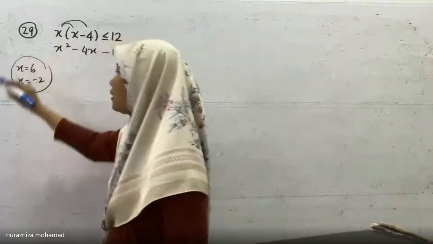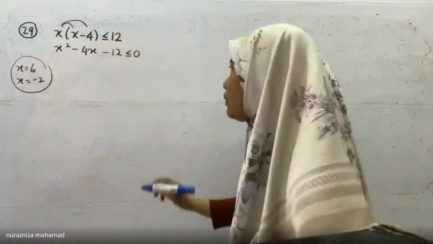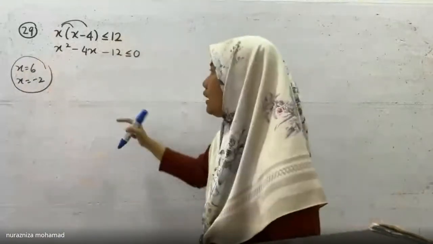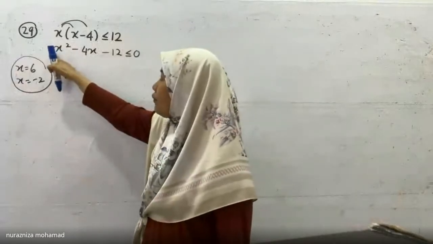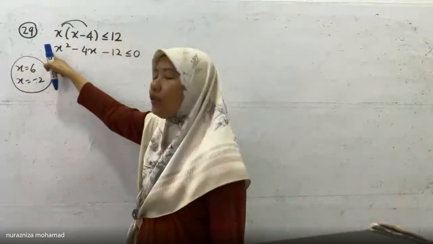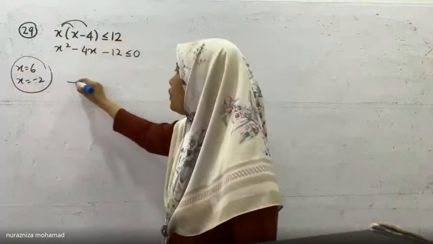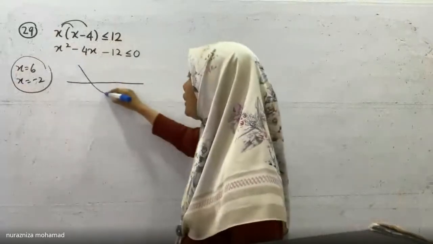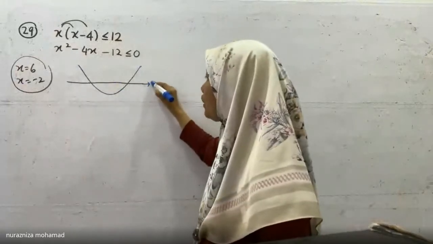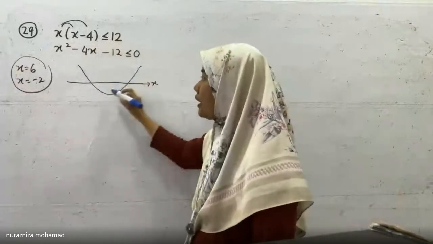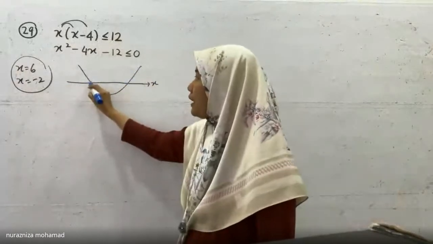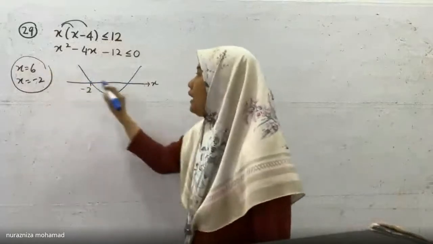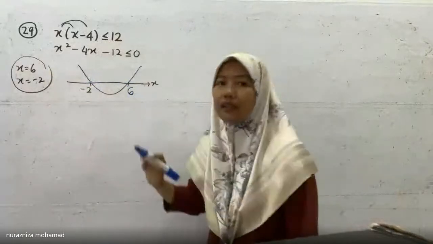Okay, but this is not the answer because we want to find the range. Okay, as you can see, this is x squared. The value of a is equal to 1. So this is a smiling graph, where the graph cuts the x-axis at negative 2 and at positive 6.